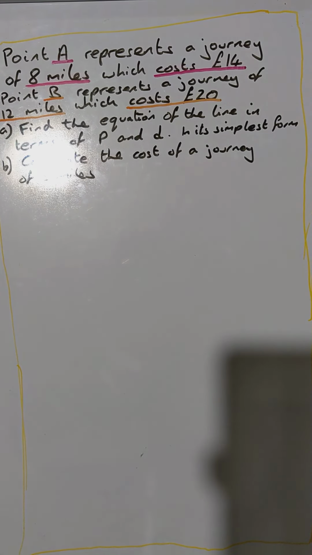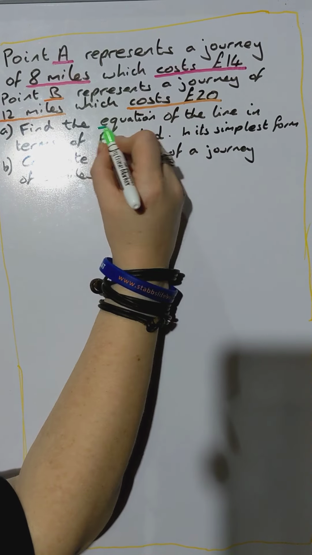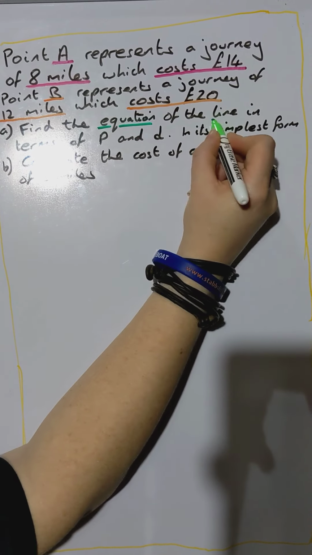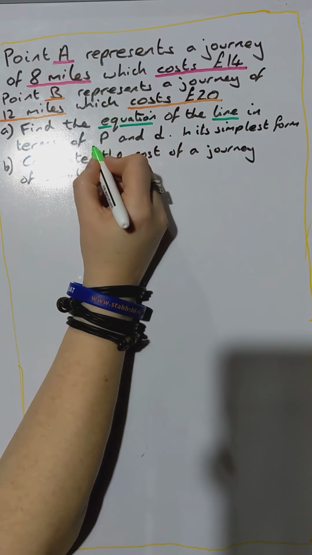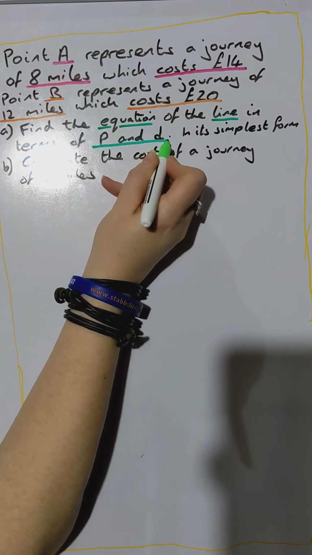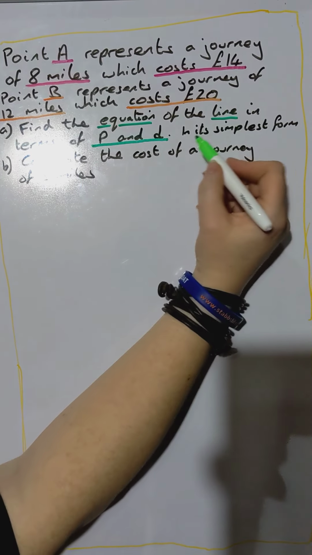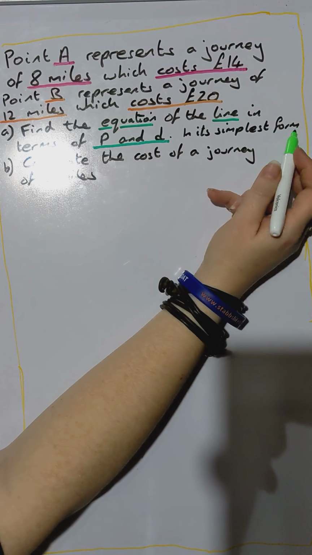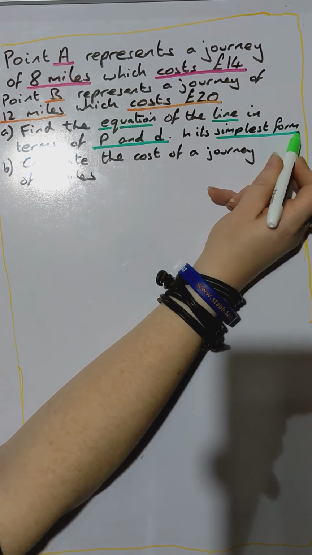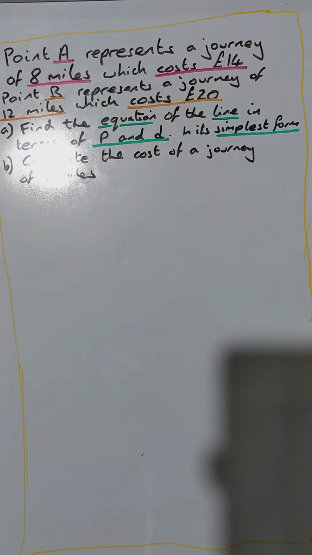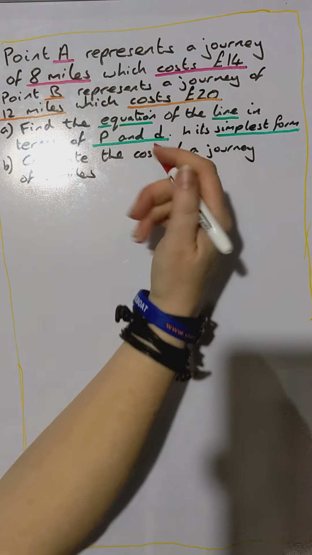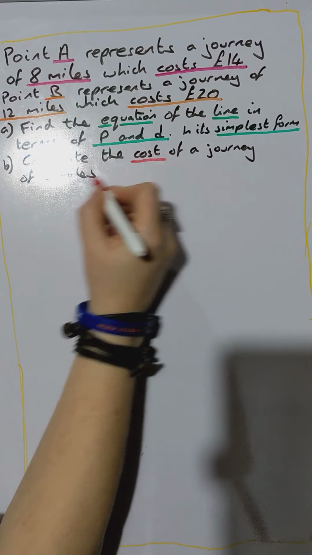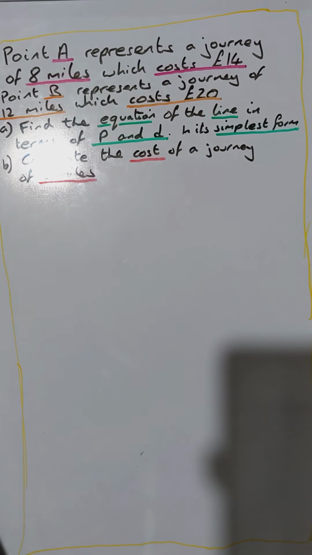We're asked to find the equation of the line in terms of P and D, and then for it in its simplest form. So we need to watch for that. And then finally, we're asked to calculate the cost of a journey of 5 miles.